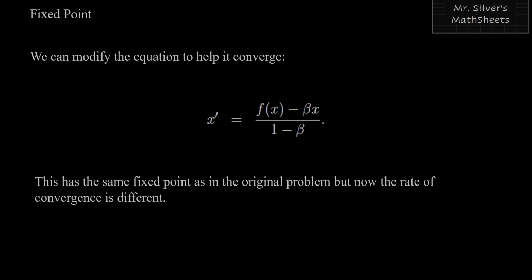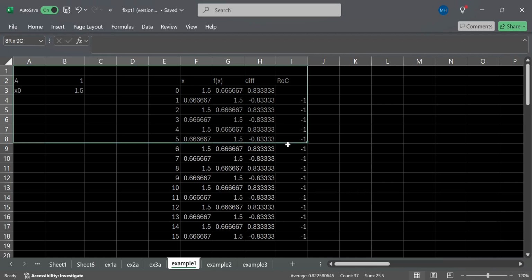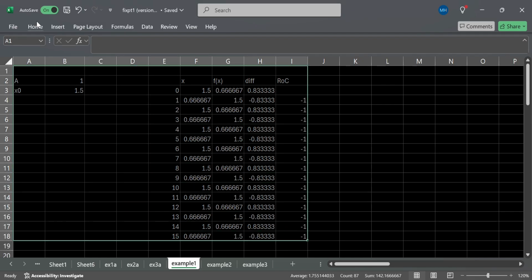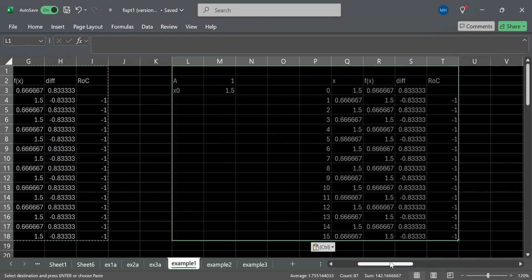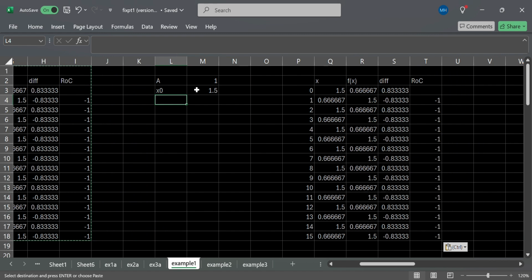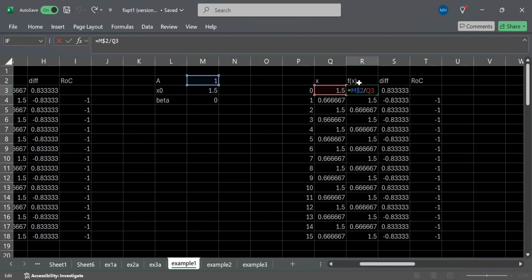Let's go to a spreadsheet, try putting in this parameter beta and seeing if it helps converge. So we're just going to modify the example to put in a parameter beta. We'll start out with beta equal to 0, but we can adjust that later.